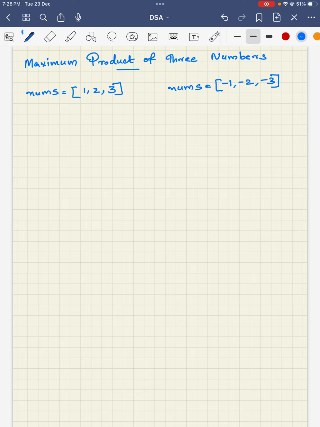Another example can be nums equals -10, -10, 5, 2. What you have to find? You have to pick any three numbers from the given array and return the product of these three numbers, and the product should be maximum among all the combinations of triplets you can make.